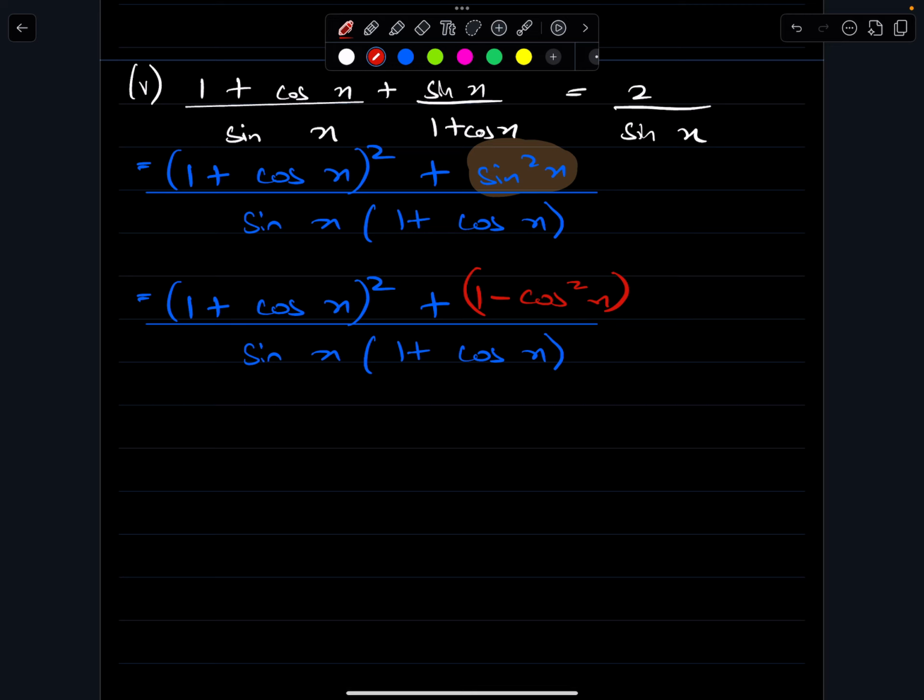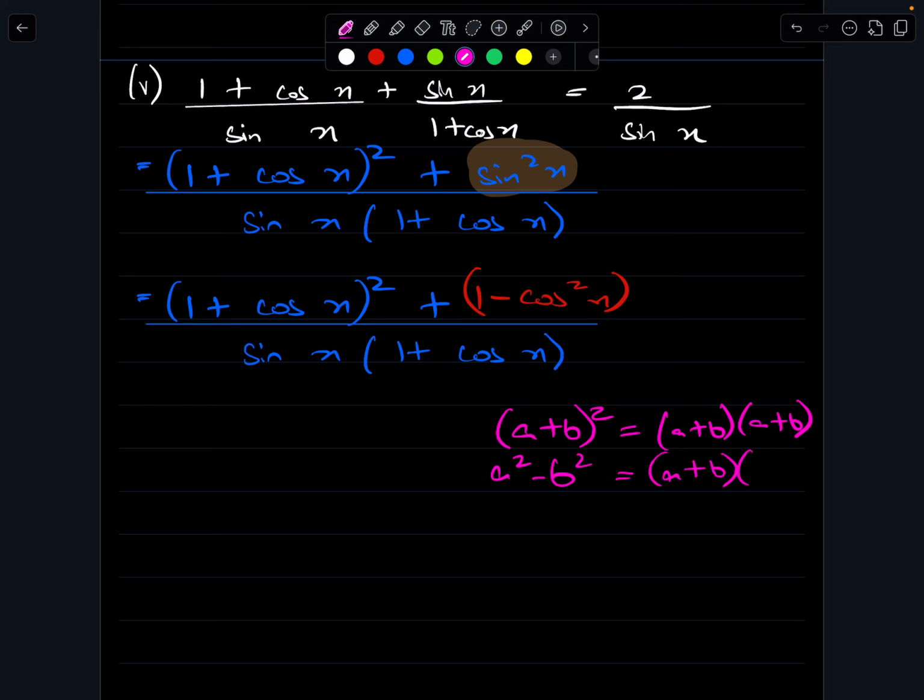Hmm. So now, recap the identity which we learned in middle school, that a plus b whole square is a plus b, a plus b. But if we have a square minus b square, it's going to be a plus b, a minus b. Once we are done with recapping this, just appreciate that this identity can be applied here.